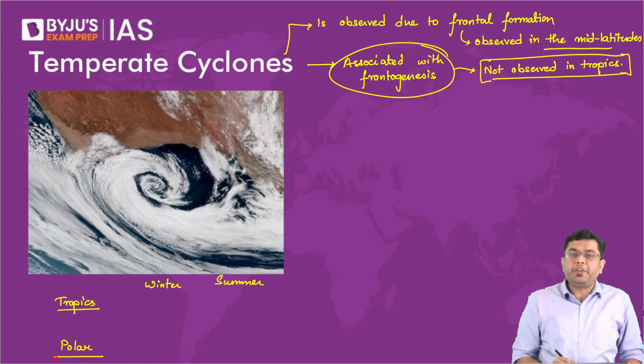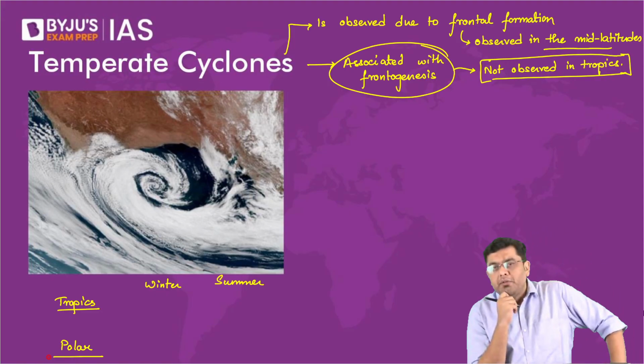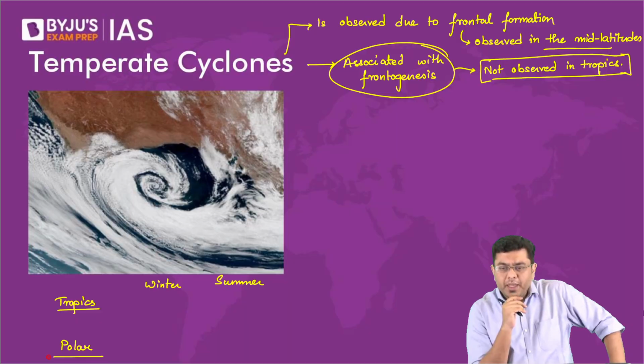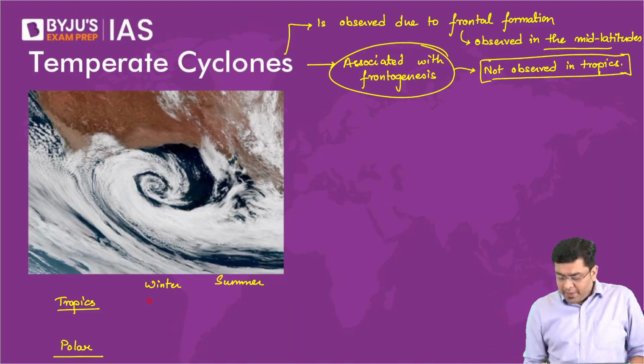Now the tropics during the winter will experience a temperature of roughly 20-25 degrees Celsius, right? That will be the temperature even in winter months in the tropics. So it will be 20 to 25 degrees Celsius on average.